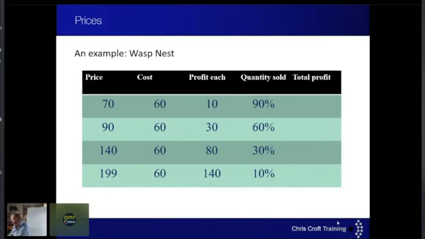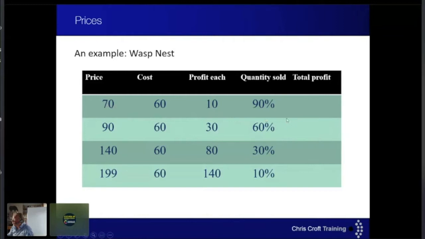Well done, everybody. So I reckon if you're charging 70 quid, you're probably going to get 90% of quotes. There's going to be 10% of weirdos who won't even pay 70 quid, even though it's a total bargain. When you get to 90 quid, it's only 20 quid more. You're probably going to still sell 60%, I reckon. When you get to 140, it's starting to get quite pricey, maybe 30%.